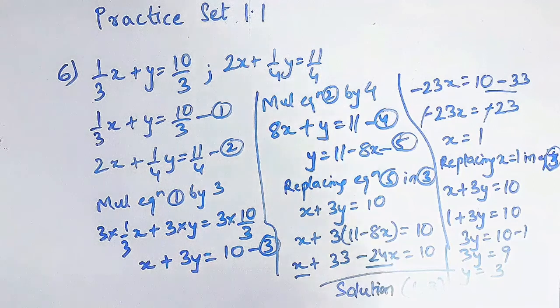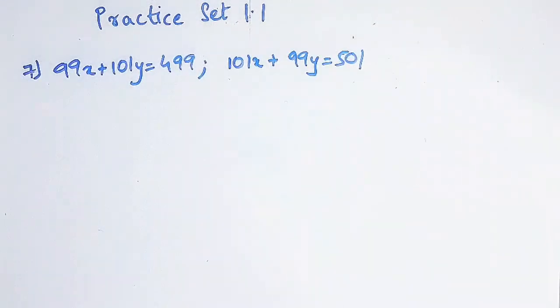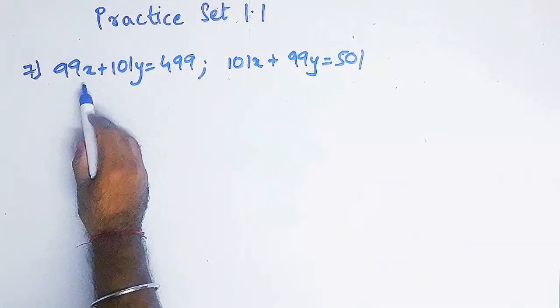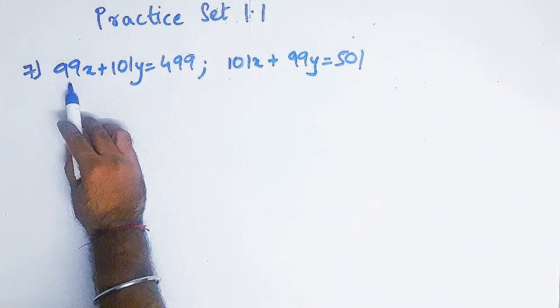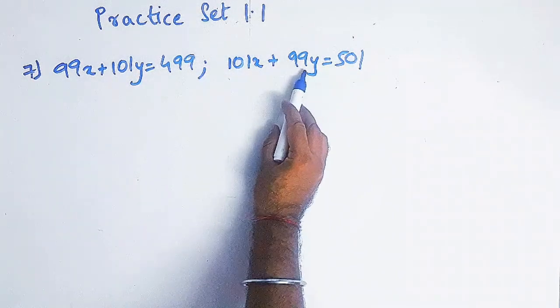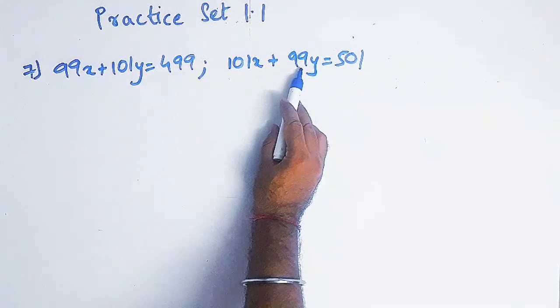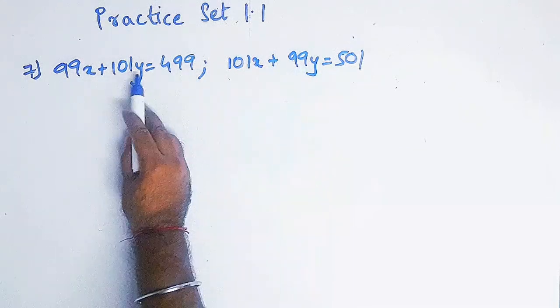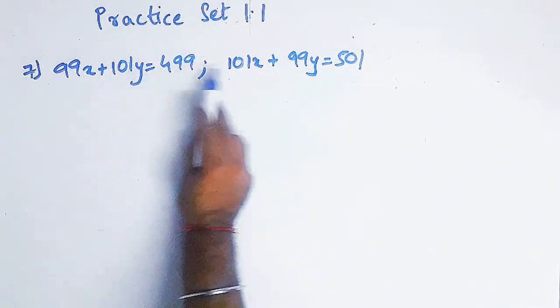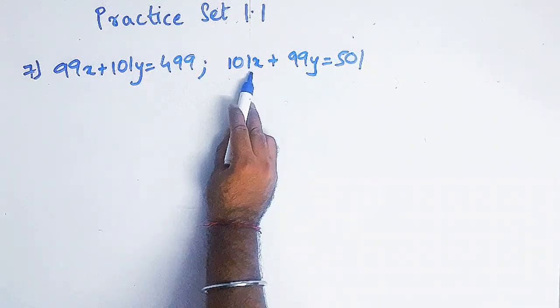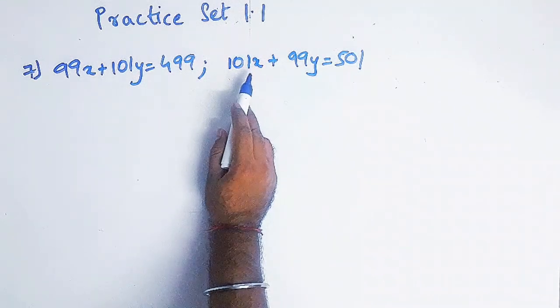Then sum number 7. When you see such a question where the coefficient of x is with the coefficient of y in the other equation, and the coefficient of y is with the coefficient of x in the other equation, in that case what to do?